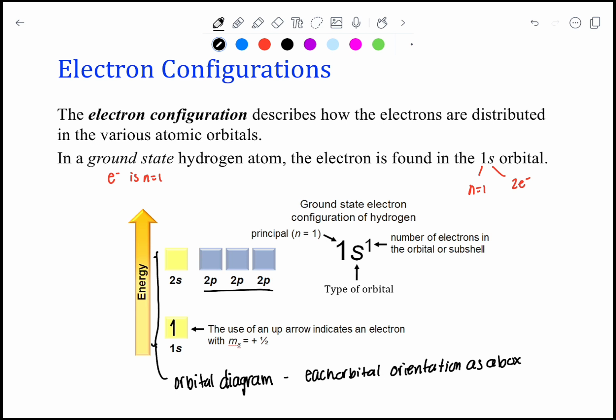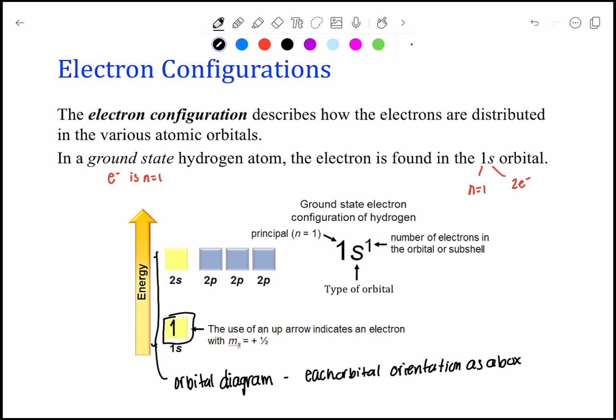Because when we get up to the p, we have 3 orientations, meaning we can fit 2 electrons into each of those boxes. So when we talk about orbital diagrams, this is what we're talking about, the box diagrams. So our 1 electron for hydrogen is in the 1s orbital.